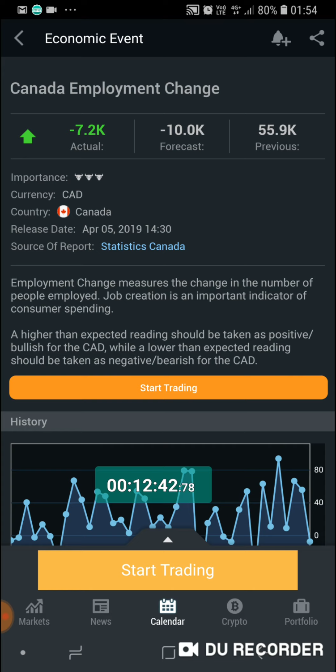I believe it came out as green because we are on a negative sign. Therefore, 7.2 is below the 10,000. That's why it's green, because we are on a negative sign. Whereas if it was greater than the 10,000, it would have been red instead, because we are speaking of a different factor, which is employment change. It's not normal like any other event. However, the behavior is mostly common.